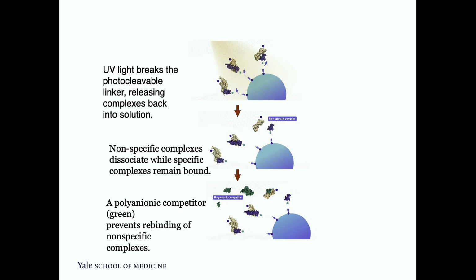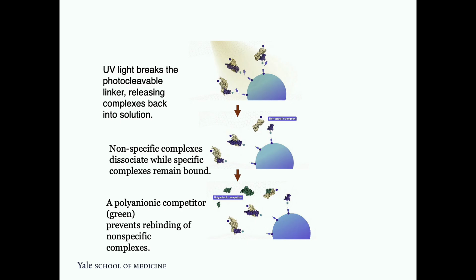Now, during this step you are also dissociating any protein that non-specifically interacted. There are some low affinity interactions which are non-specific, and during this cleavage those interactions lose contact with each other.